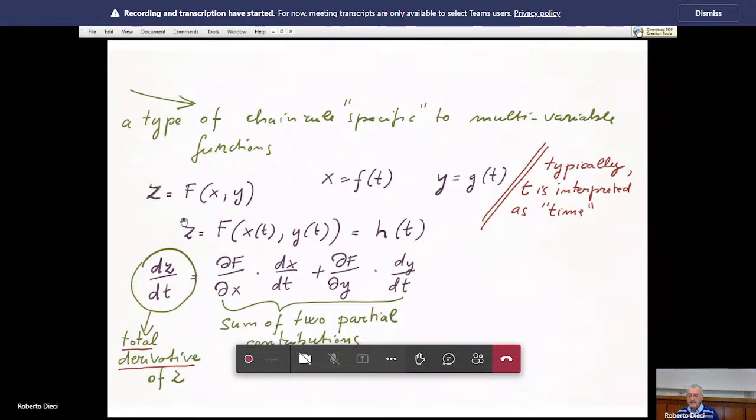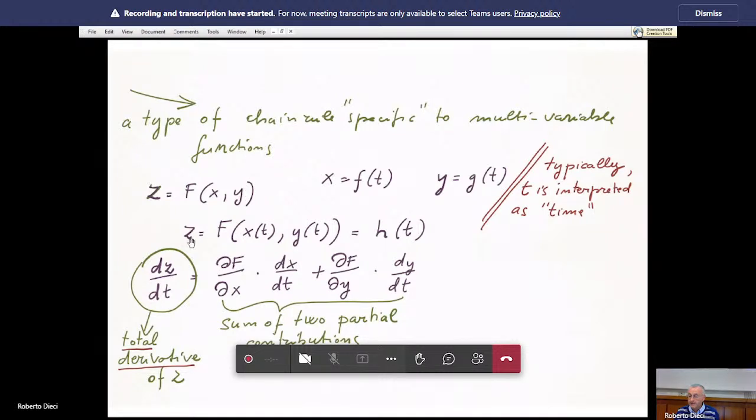It's convenient to express z as a function of two variables because we have models in which the output, that could be also the output of the whole economy, depends on the input factors of the economy. So it's very reasonable to express a two variable dependence here, but in a dynamic setting, both of them depend on time.